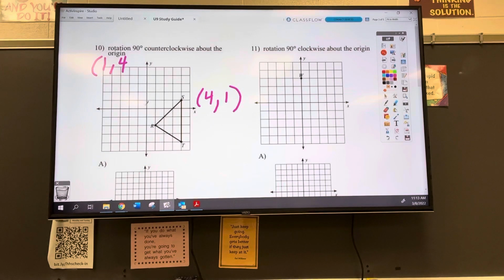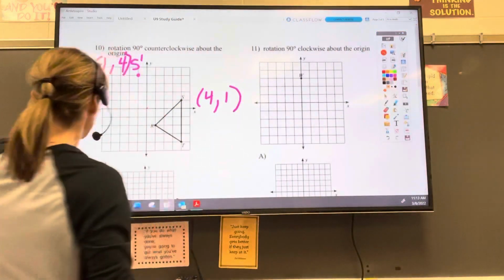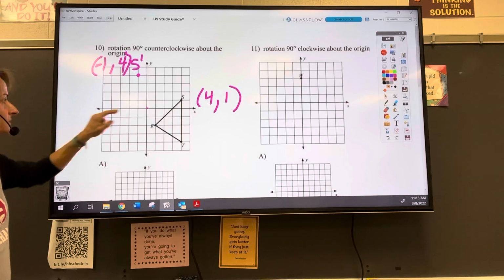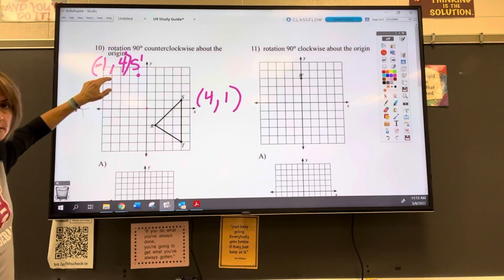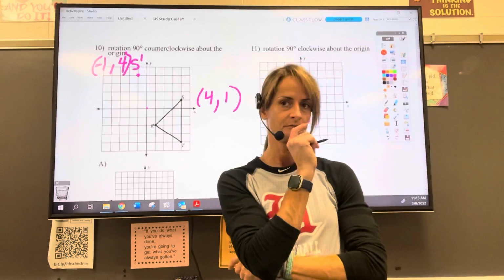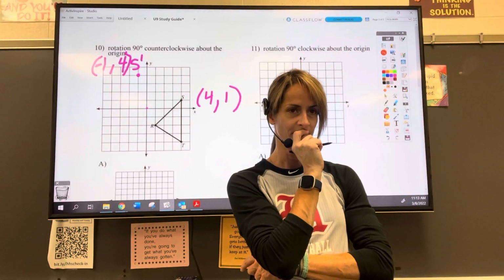And the reason why X is negative is because we're in the second quadrant. So there's S prime. Is everybody good with that? So the 4 and the 1 are switching places, and the reason that the 1 is negative is because we're in the second quadrant. So X is negative, Y is positive. Are we good with the signs?